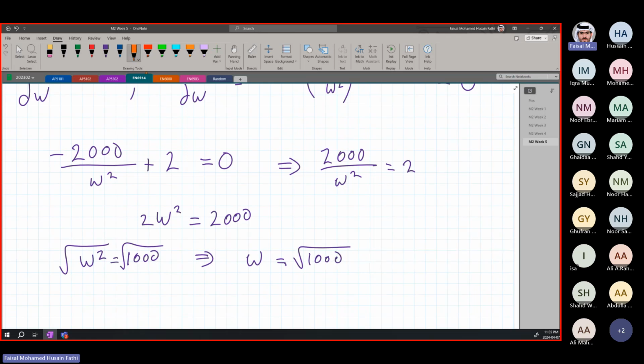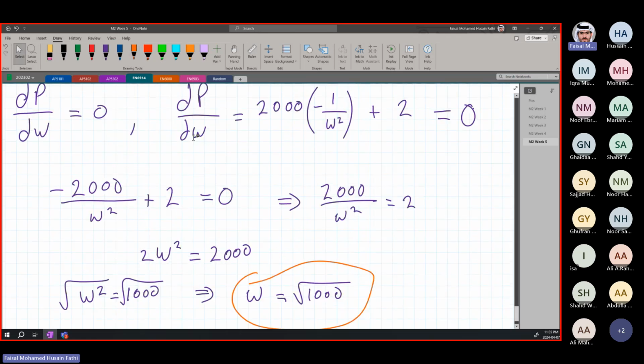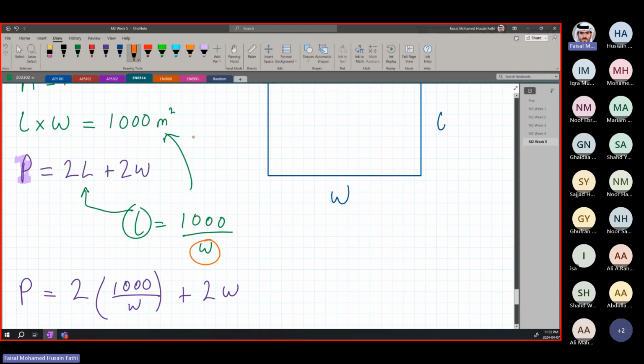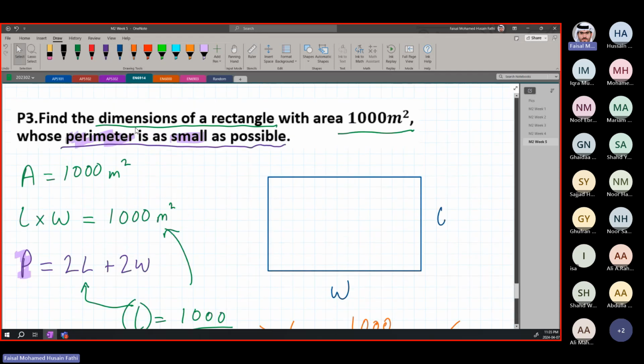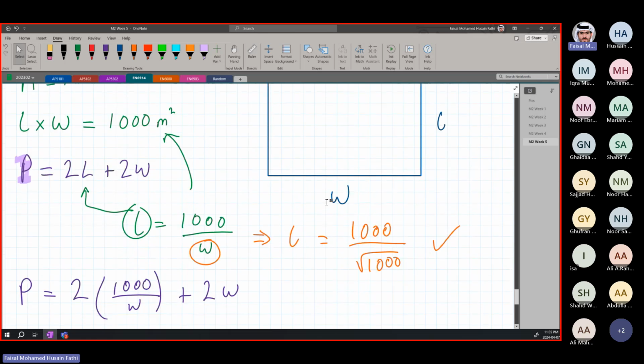Now we're going to take this W value and substitute it in this equation. So L is equal to 1000 over the square root of 1000, and we get the answer L and W. So these are the dimensions of the rectangle that we needed to find, W and L, and we got them both. Any questions so far?